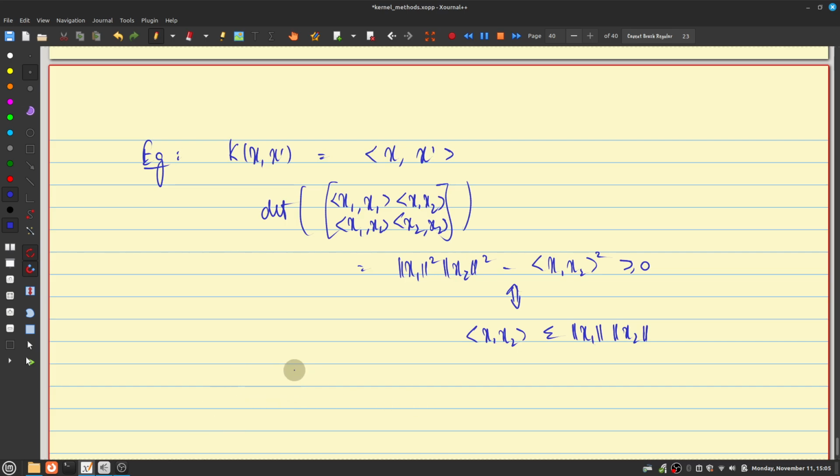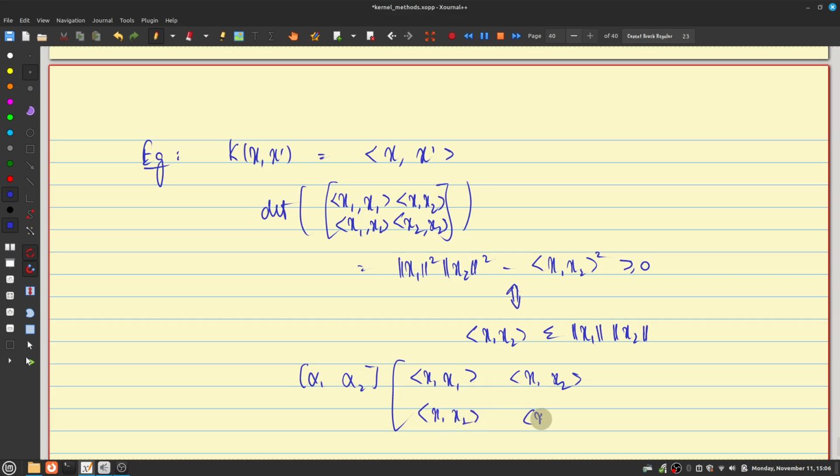So let's look at X transpose AX, or let's say alpha transpose, say alpha 1, alpha 2, times the matrix of inner products between x1, x1, x1, x2, x2, x2, times alpha 1, alpha 2.